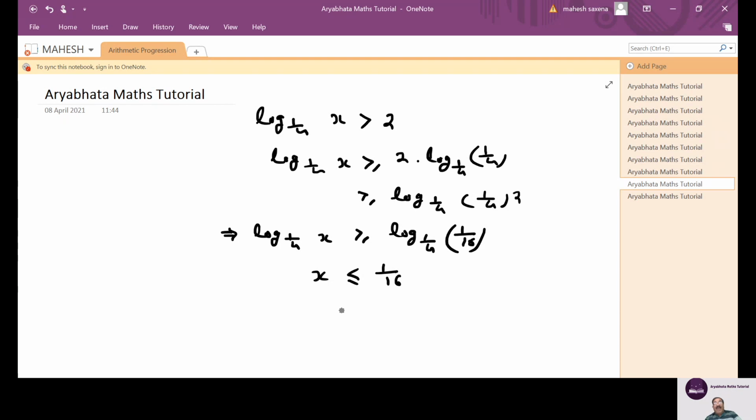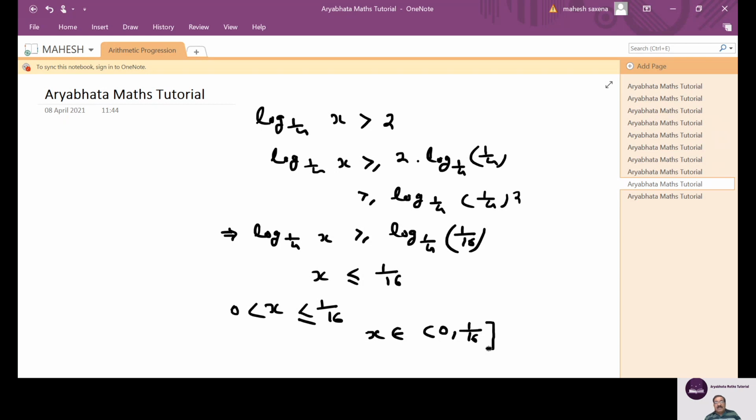But x should be greater than 0, x should always be positive. Therefore, x will be greater than 0 and less than or equal to 1 by 16. So x belongs to 0, 1 by 16, where 0 is an open interval and 1 by 16 is a closed interval.